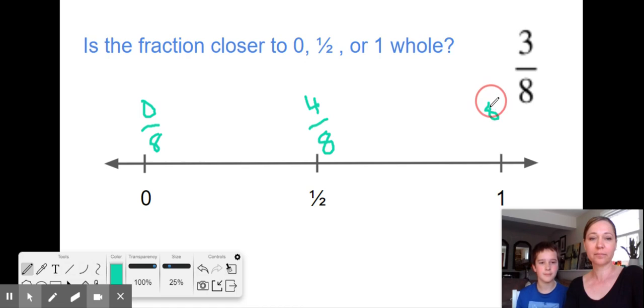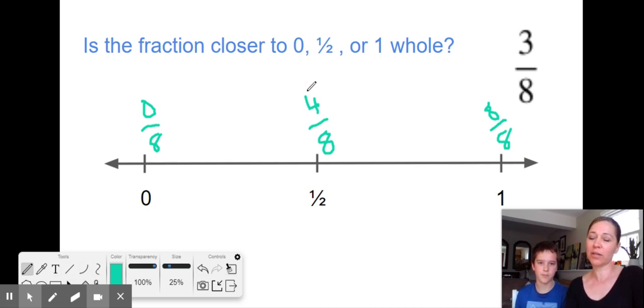Okay, then what did you think about? Well, then I thought that 3/8 is only 1 away from 4/8, while it's 5 away from 8/8 and 3 away from 0/8. So I thought that it would be closer to 4/8 or 1/2.